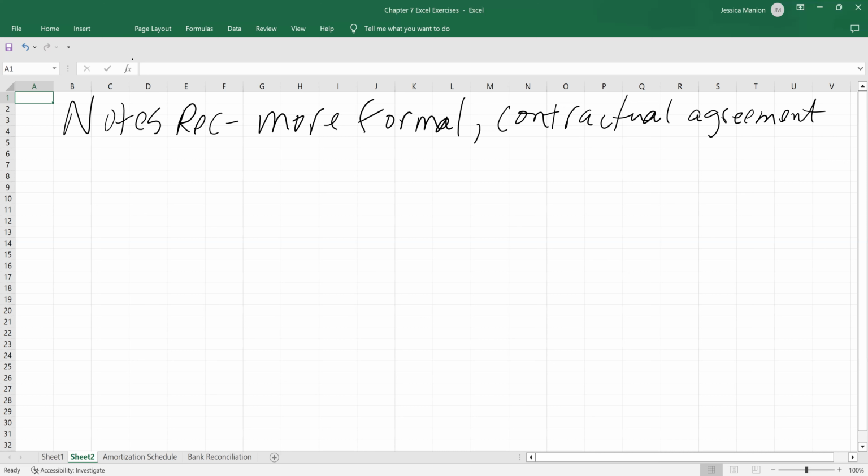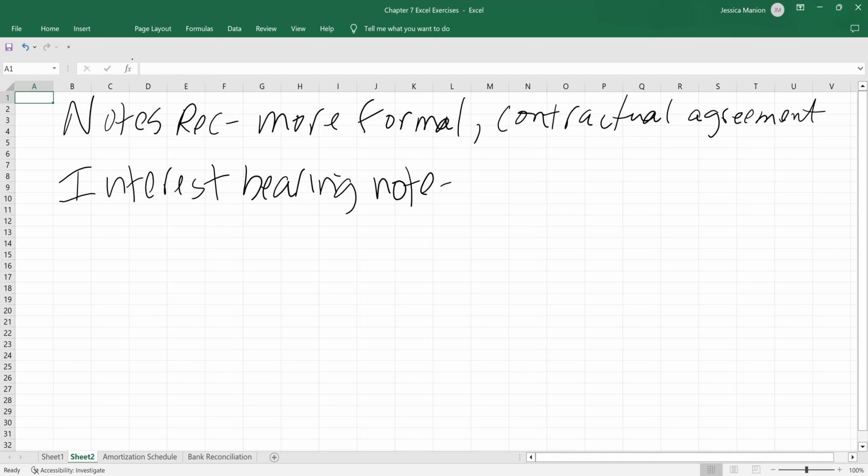And then just like it tells us in our book, we could have an interest-bearing note, right? In that case, interest is stated, which just means explicitly stated.